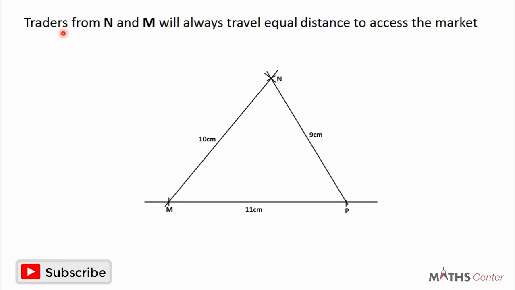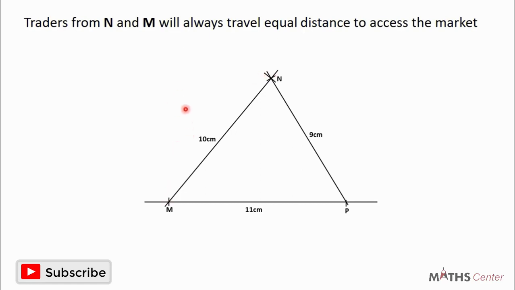In locating the market, we have been told that the market should be such that traders from town N and town M will always travel equal distances to access it. This means that the distance between the market and town M should be the same as the distance between the market and town N, meaning that the market should be equidistant from town M and town N.